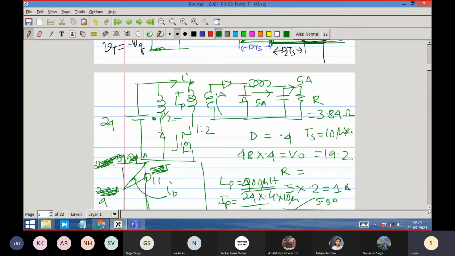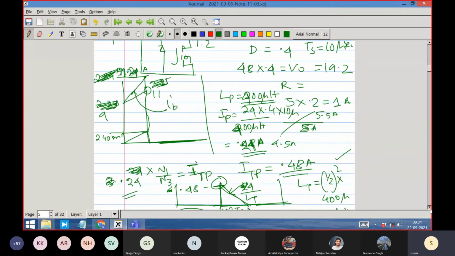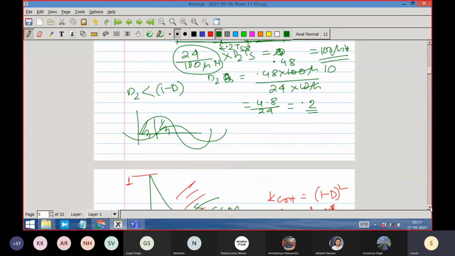What ensures that D2 is always less than 1 minus D? So let's take a volt second balance of the primary coil.